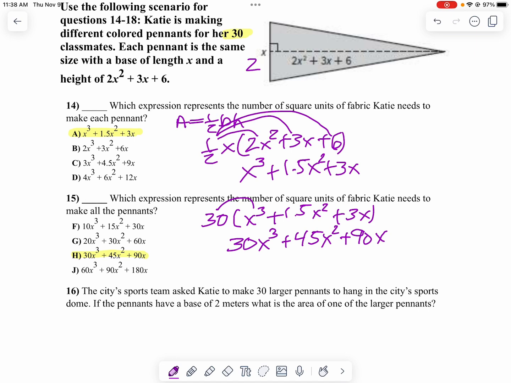So I'm going to go, the area is going to be, I'm going to use my answer from 14. So I'm going to go 2 cubed plus 1.5 times 2 squared plus 3 times 2.